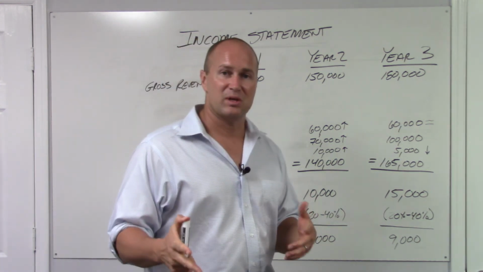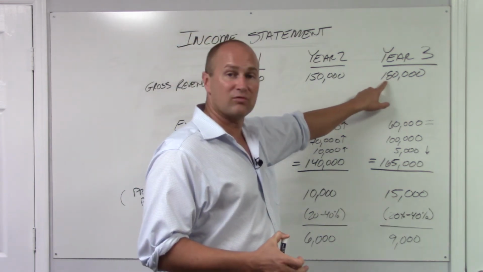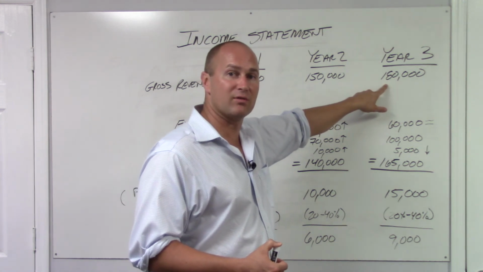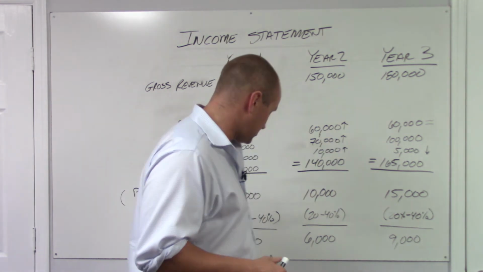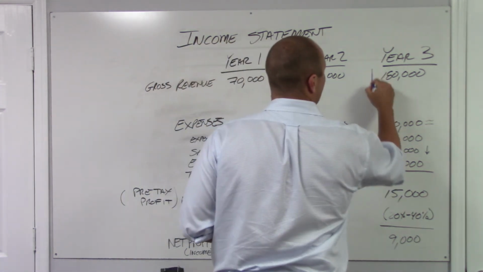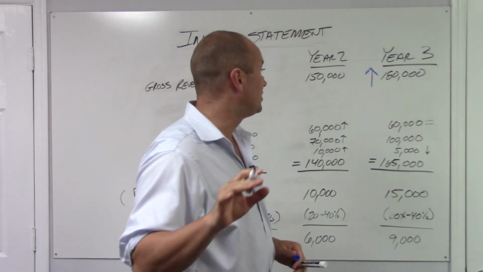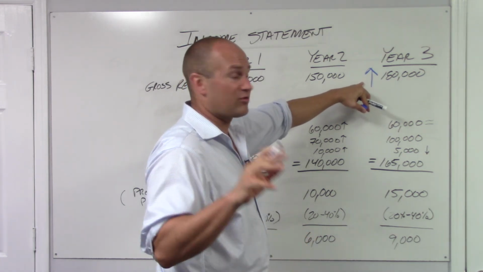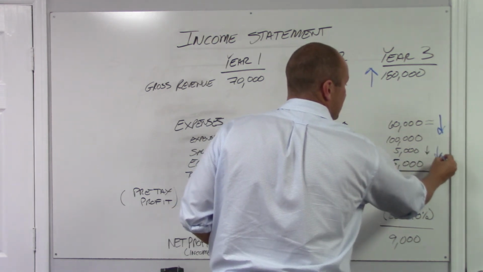Where the art of business comes in is when you start generating more revenue. This is the key here. You have to start generating more revenue and growing. And then to get really good at it, you have to decrease your expenses as much as possible. So where the art of really running a business efficiently and doing it well is, your strategies are going to increase your revenue greatly, and you're going to decrease your expenses as much as possible.